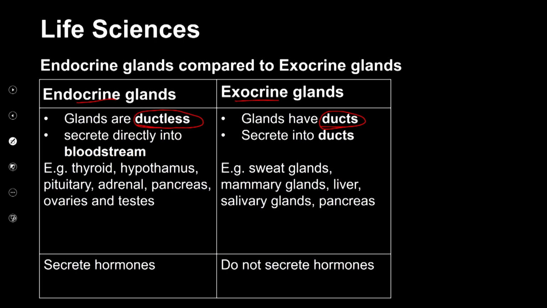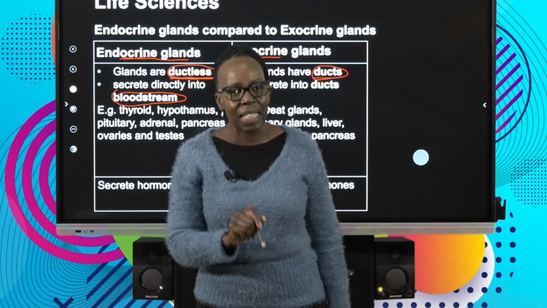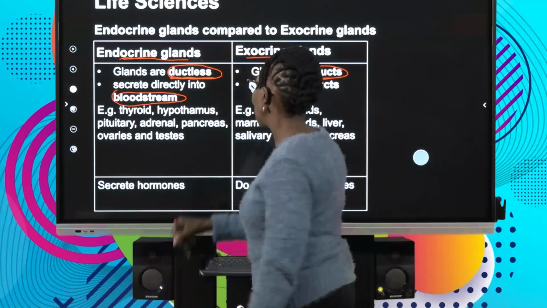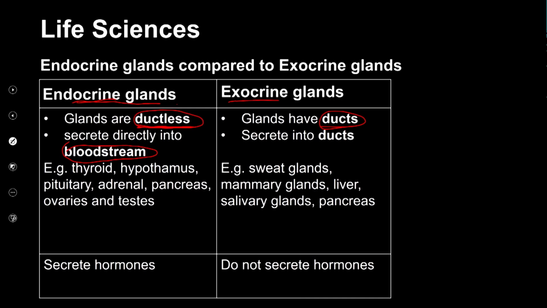So if you look at the endocrine glands here, we say they are the types of glands without the tubes. But how do they secrete their secretions? They secrete their secretions directly into the bloodstream, which means blood is the one that delivers the secretions to the targets. Now, what about the exocrine glands?